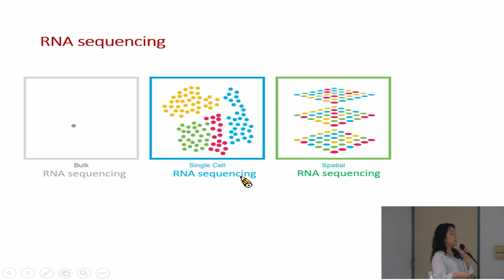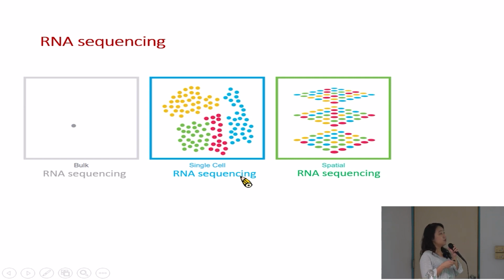And recently, we have single-cell RNA sequencing. We can understand the gene expression profiling in one single cell. So we can understand that this tissue may be divided into four parts: the yellow part, green part, red part, and blue part. Then we can understand the gene expression profiling in this specific tissue.